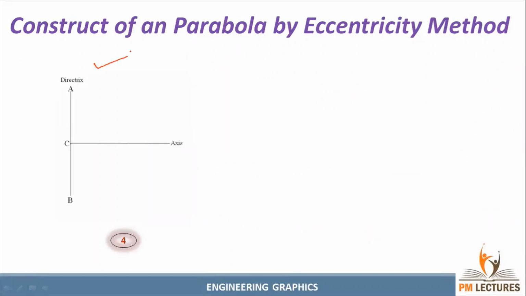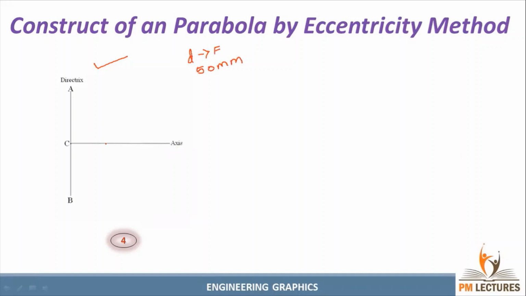Clearly you can identify. After this, we need to find the focus point on the horizontal axis for the information provided in the question. Here, the distance between the directrix and the focus is given as 50 mm.